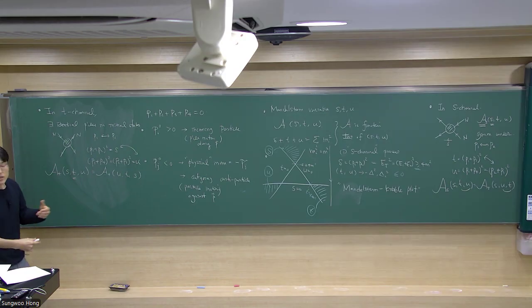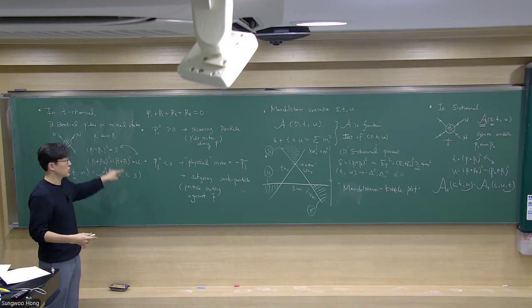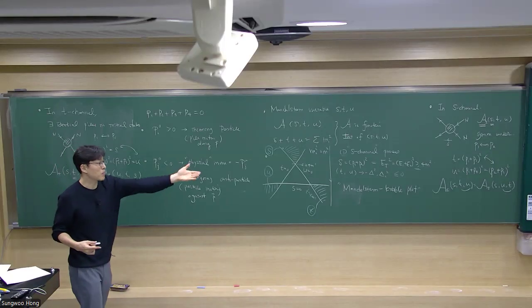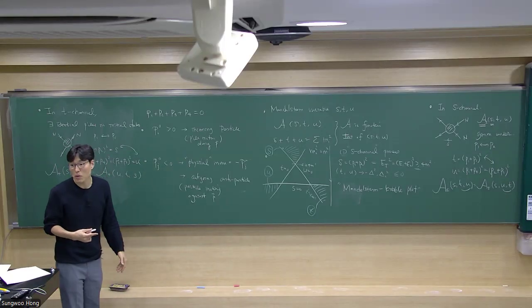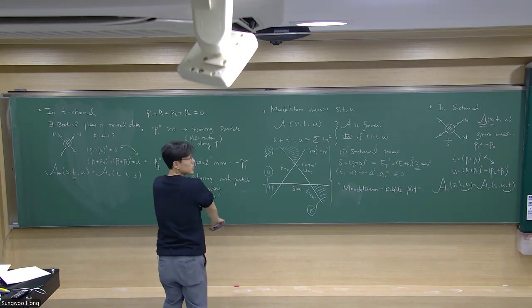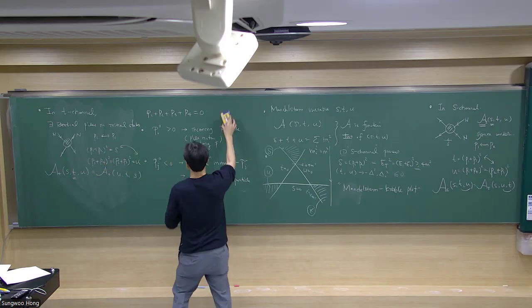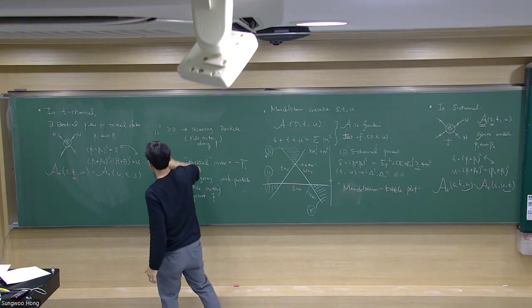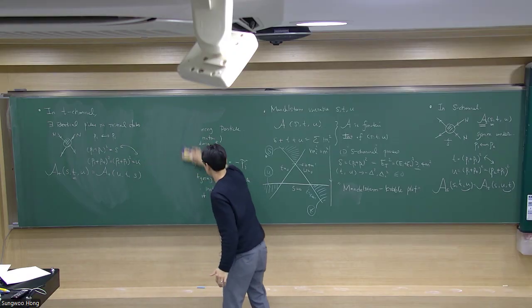Okay? So this statistics picture can be captured or stated in what symmetry property the amplitude has to satisfy. Okay, so much of discussion for this abstract stuff. So let me take a concrete example to illustrate.